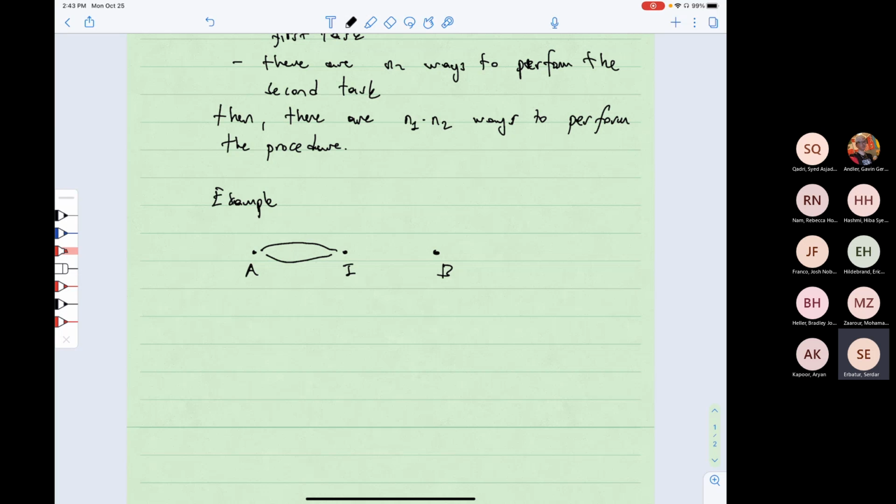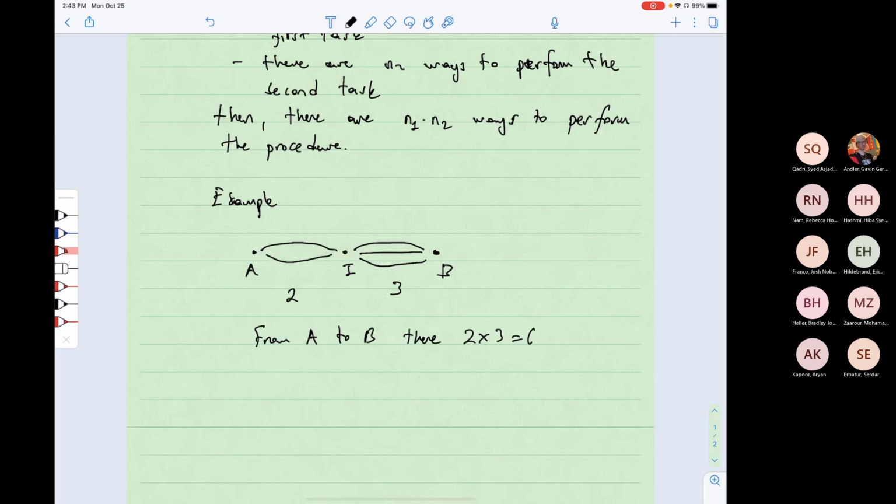Somehow you counted and found there are 2 routes. And there are 3 routes from I to B. So in total, from A to B, there are 2 times 3, 6 ways. This is like the hello world example of this topic. Very classic. In every book you see a variant of it.